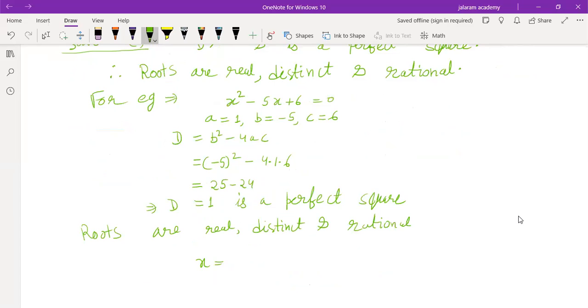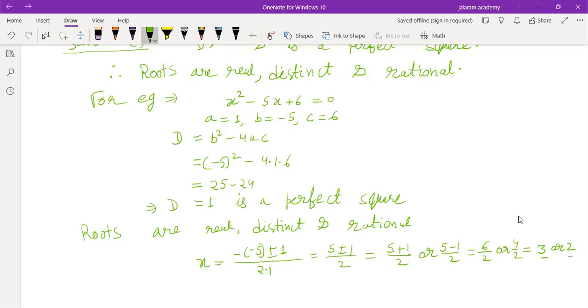Given by x equals to minus b, we already have written the formula, plus minus root b square minus 4ac upon 2a, that is minus minus plus 5 plus minus 1 upon 2, is equal to 5 plus 1 upon 2, or 5 minus 1 upon 2, is equal to 6 by 2, or 4 by 2, is equal to 3 or 2.